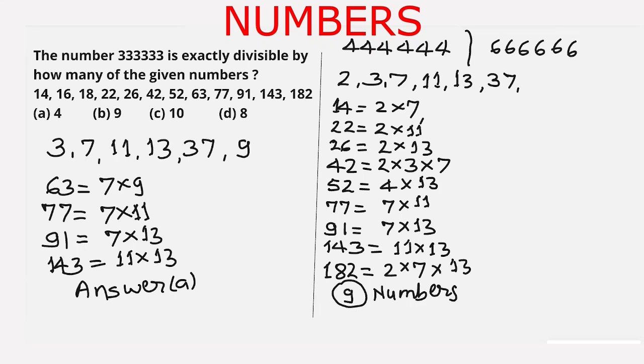So the 9 numbers which were dividing 444444, one extra number 63 will be added to it. So there will be 10 numbers which will divide the number 666666. I have solved this for your extra knowledge.